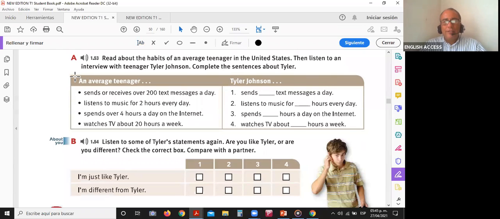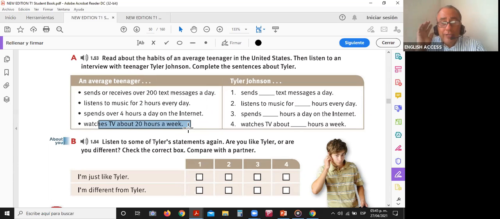For example, an average teenager sends or receives 200 text messages a day, or listens to music for 2 hours a day. It spends over 4 hours a day on the internet and watches TV 20 hours a week.